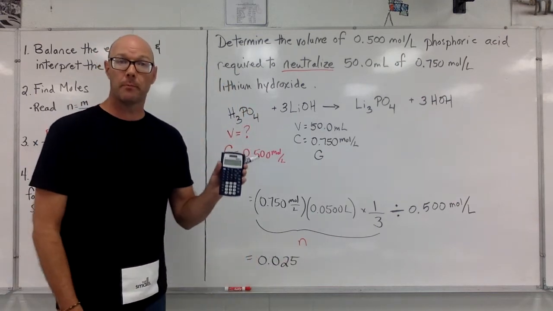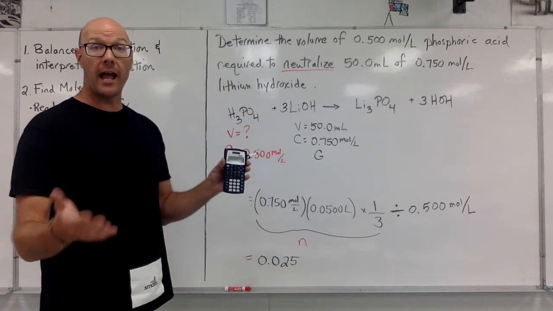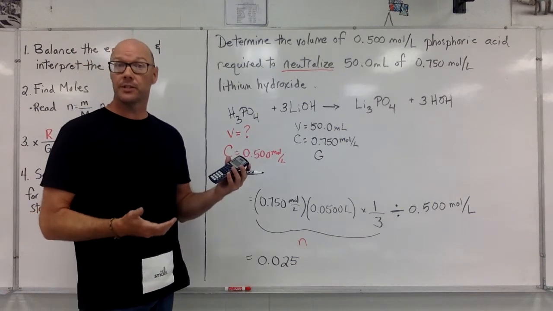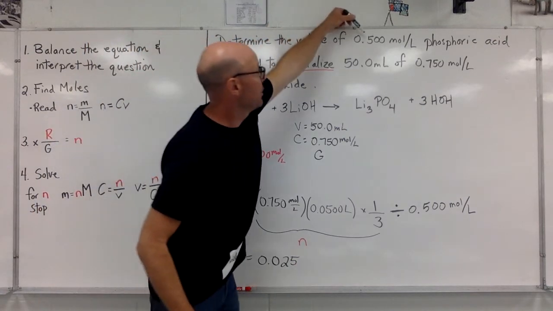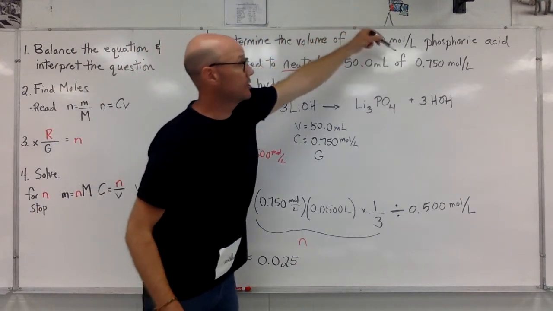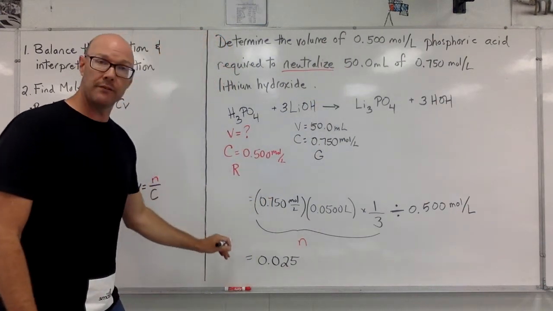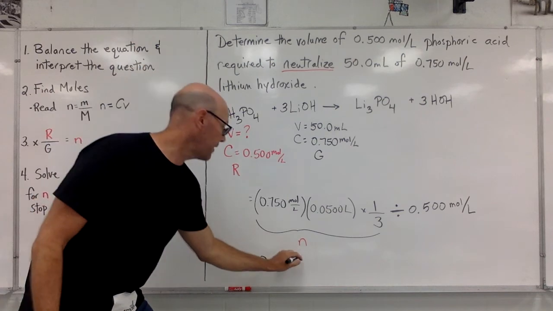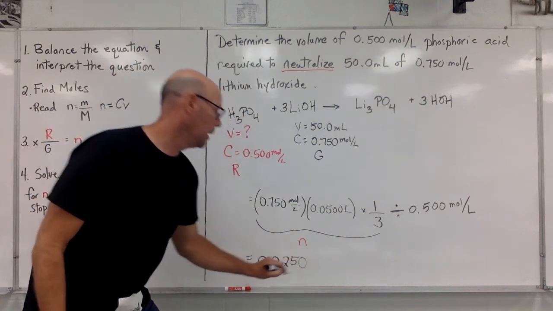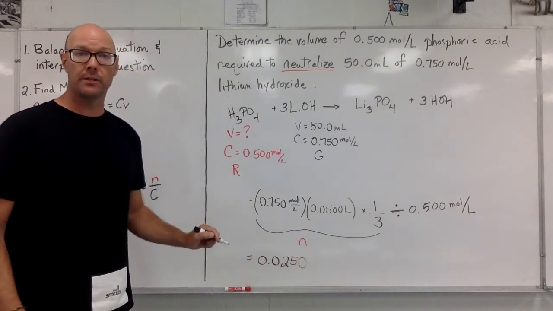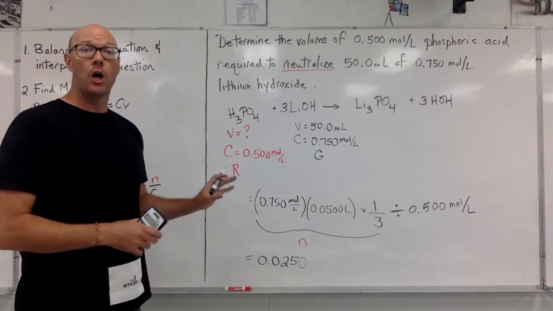That's the number sitting on my calculator screen. It's the raw answer. Let me go back and think about the significant digits. 3 sig digs, 3 sig digs, 3. All these values have 3 significant digits, so I have the unusual step of having to add a 0 myself to make it 3 significant digits, and we found the volume.